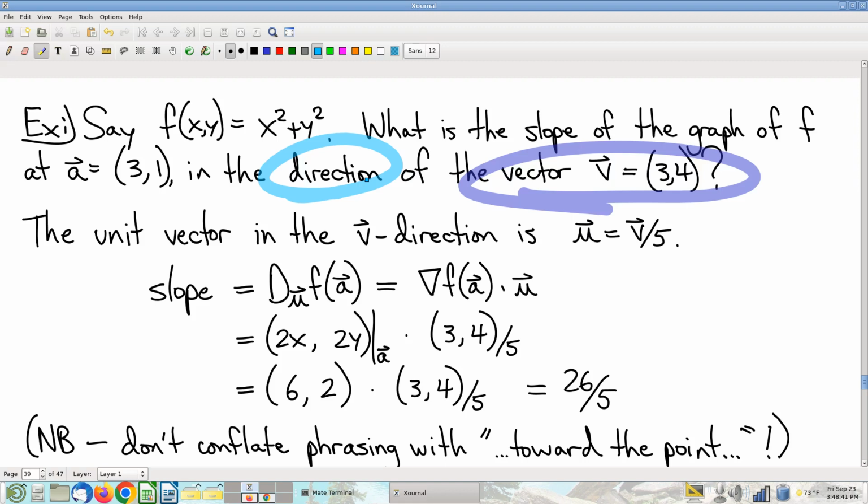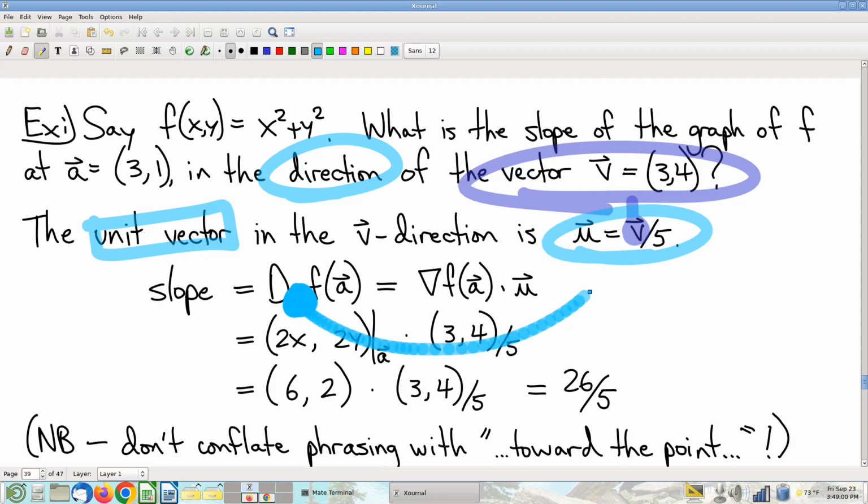Standard formula from ancient history, either week 1 of this class, or probably somewhere in Math 218. You just take the non-unit vector and divide it by its own magnitude, and that gives you a unit vector. And that is what we use for our directional derivative.